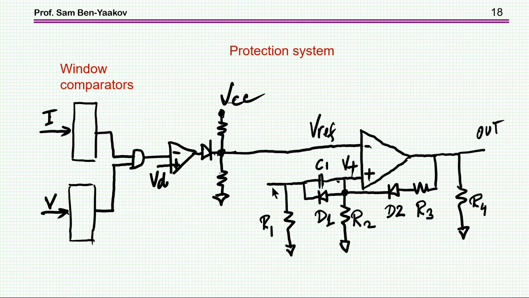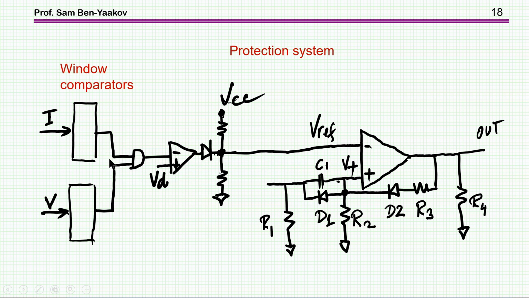So here is the protection circuit that I'm showing. We'll have window comparators to which the sensed current and sensed voltage are fed. That is, we'll have two limits here, upper and lower limits. These will cause a change here, and there is an AND circuit here. And this reference is a function of the output here. As we have seen before, it'll go up or down depending on the signal that we have here.